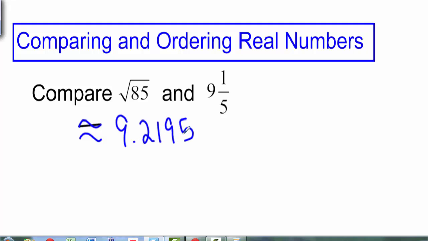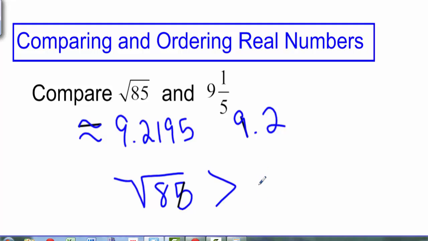And I know 9 1/5 is equal to 9 2/10. So 9.2195, which is the square root of 85, is going to be greater than 9 1/5. So I'd put the greater than sign there.